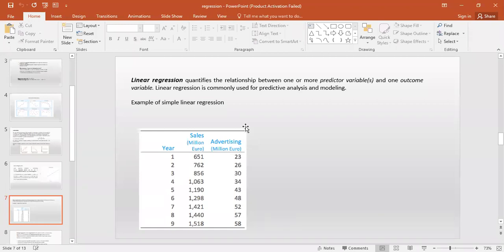It may vary because independent variables play a major role in these regression models. In this example, the amount spent on advertising is directly proportional to the sales, like sales increased.